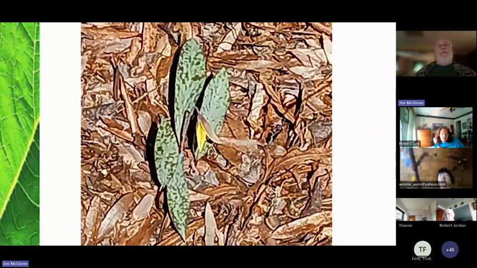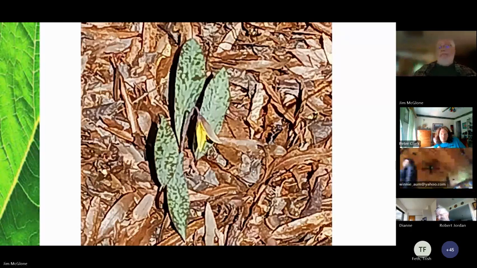This year it actually came up and bloomed, which it doesn't do every year, but it has no trouble whatsoever getting through the leaf litter. These leaves, as they break down and decompose, are also enriching your soils. When we moved to our house, the A horizon, which is the organic layer at the top of your soil column, was paper thin. Now, after 20 years, it's about 3 inches deep.